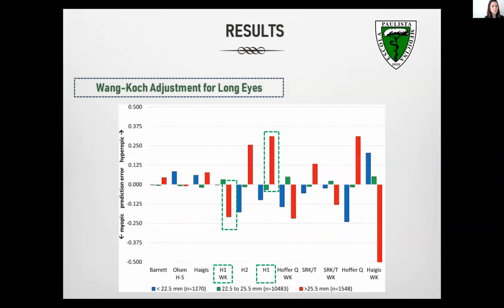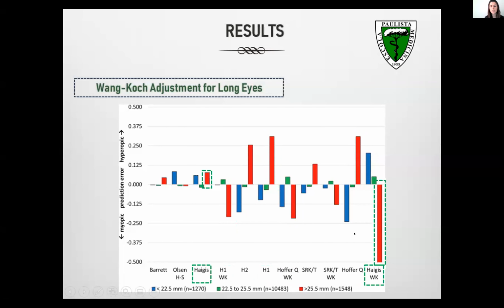Here, the adjustment with a one-call correction showed an improvement in Holladay 1, here with the correction and without, and Hoffer Q with the correction and without, but did not significantly change the prediction error for SRK/T and led to worse outcomes with Huygens, an overcorrection with the one-call modification.